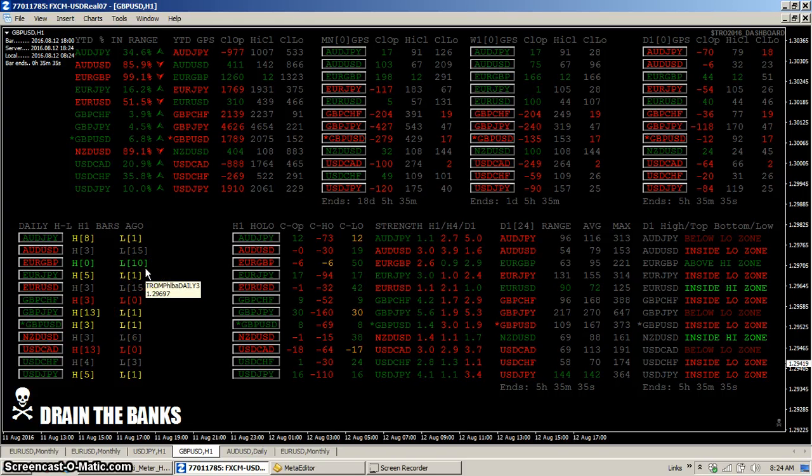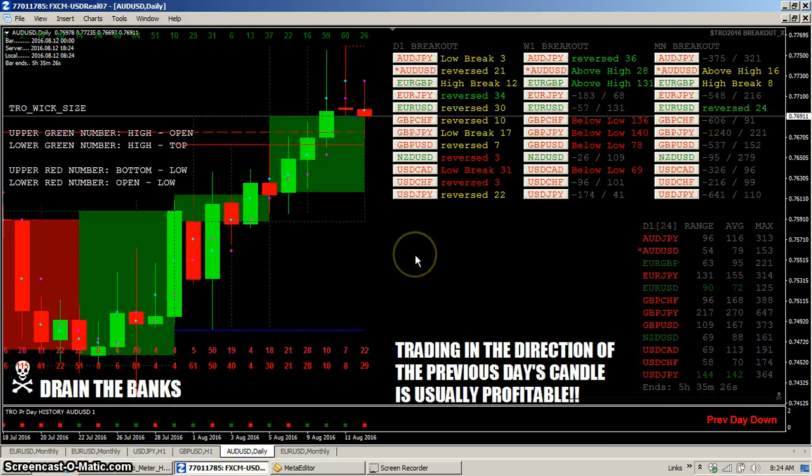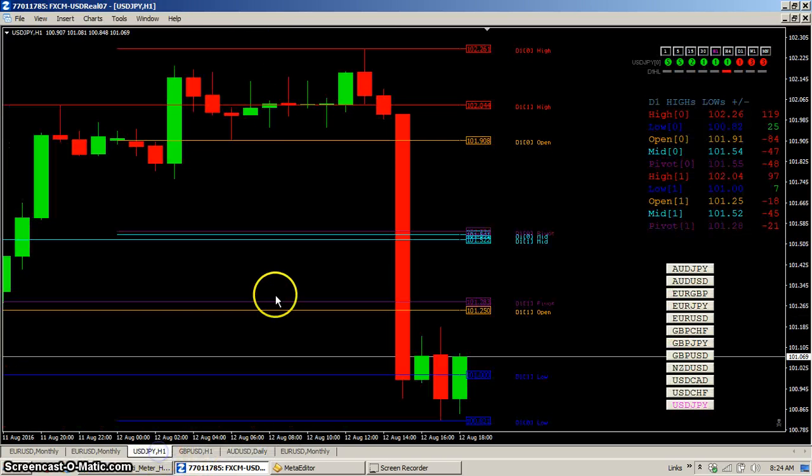That indicates there might be a possible trade this bar, this H1 bar. And of course, you've got the breakouts, and you can see if something made a daily, weekly, or monthly breakout, you might want to be really careful when you're trading a holo.